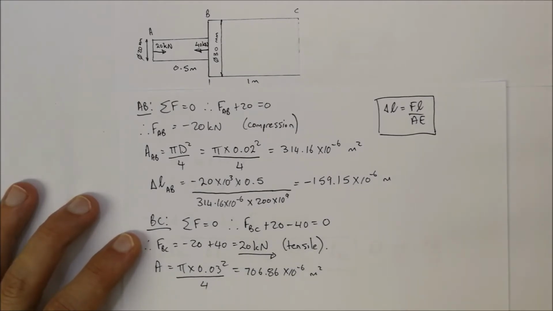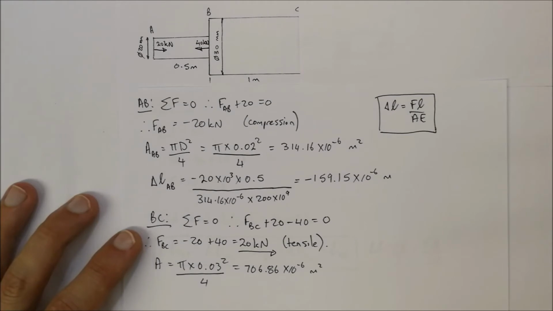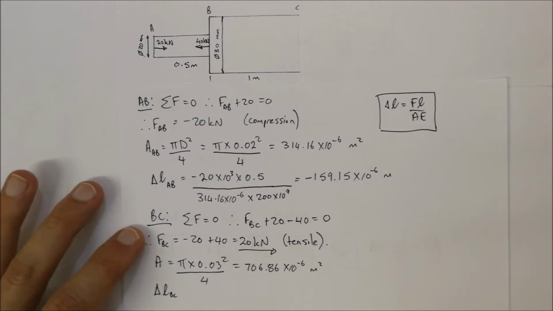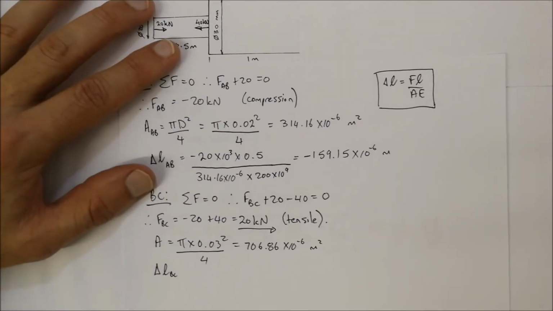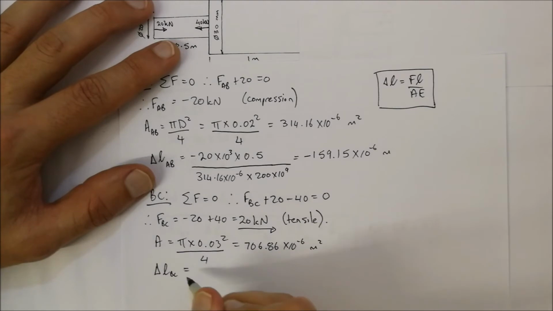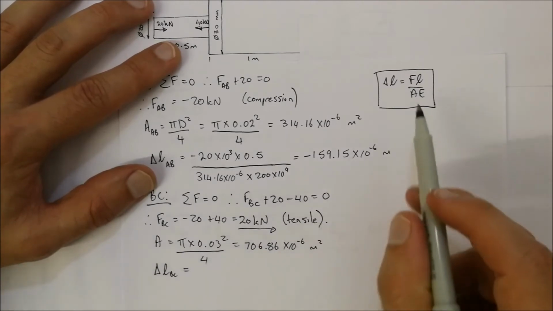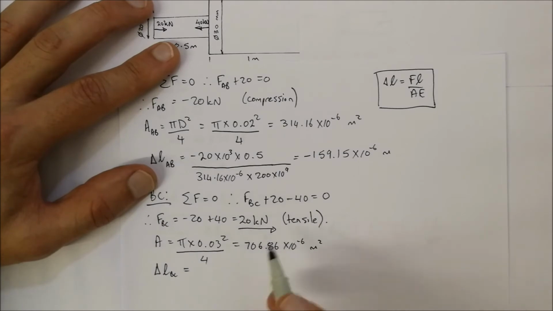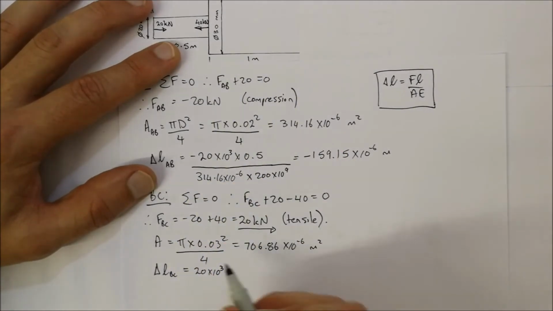Now that we've calculated that, we are able to say, what is the change in length of BC? So delta L of BC is equal to, remember we've got force. The force we've calculated was 20 kilonewtons, so that is 20 times 10 to the 3, multiplied by the original length, which is 1 meter, so multiplied by 1.